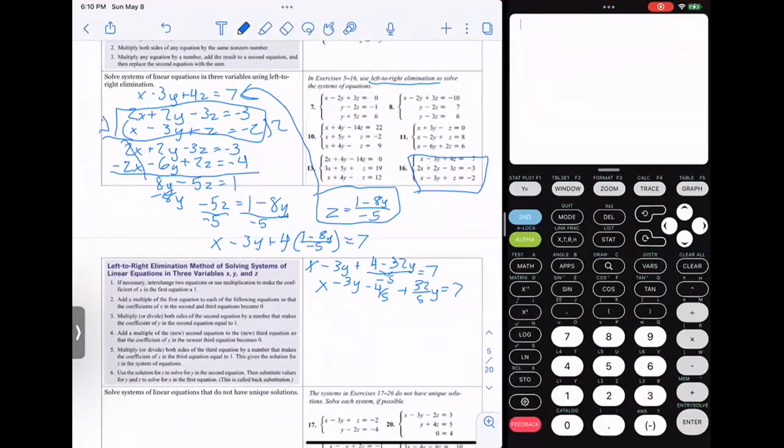So we have -3 plus 32 over 5. And we can turn that into a fraction, which is 17/5. Wow, really gross. So we really have x plus 17/5 y minus 4/5.